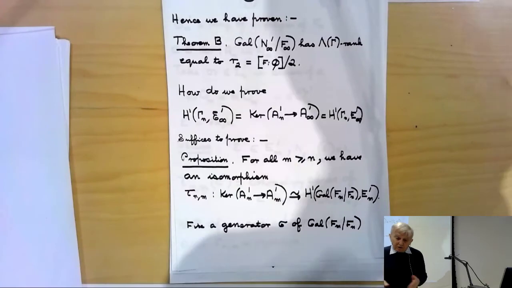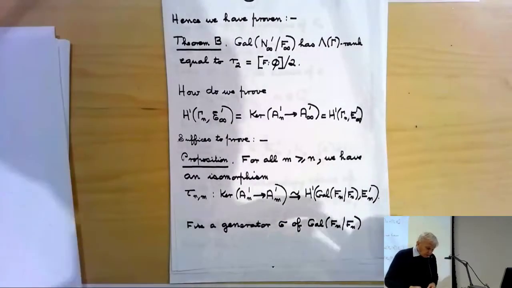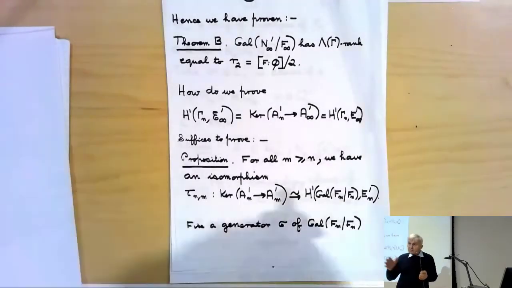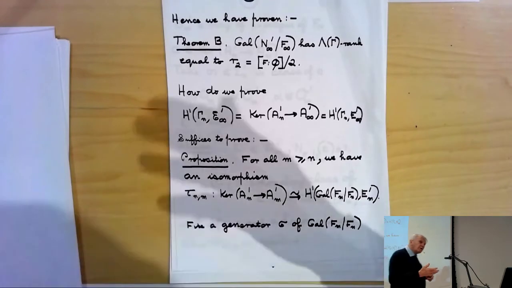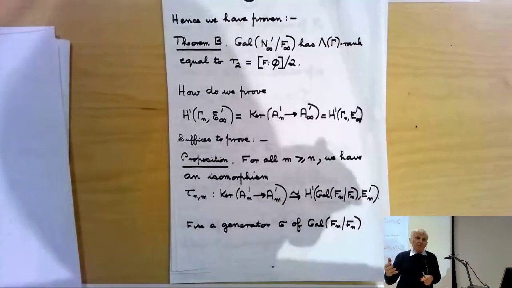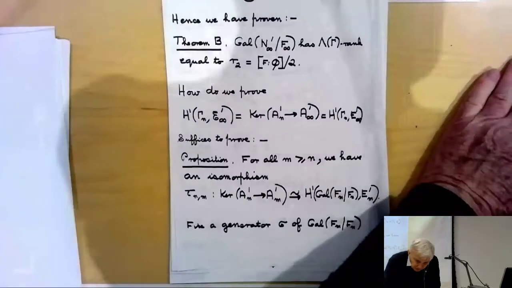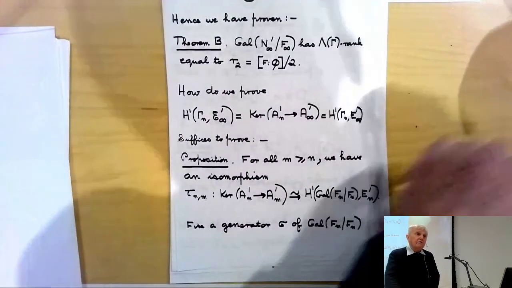I'm not going to write it down explicitly, but it turns out that the torsion Lambda submodule is a free Z_p module, and you actually know what its whole structure is and its characteristic power series. It's a very simple object, so that all the mystery about what happens with the torsion submodule is going to be tied up with this Galois group of M infinity over N infinity prime.